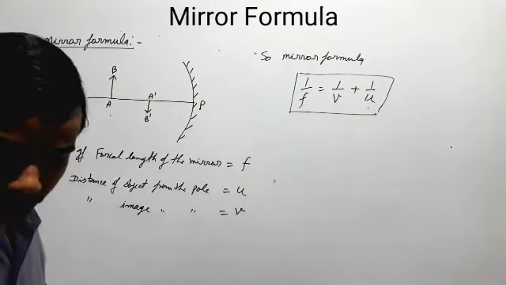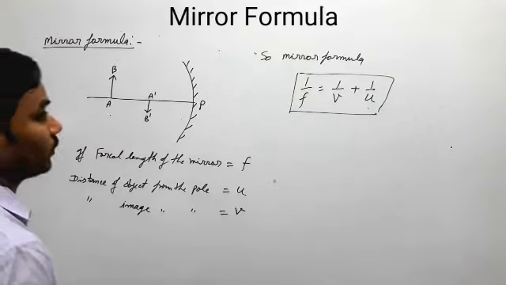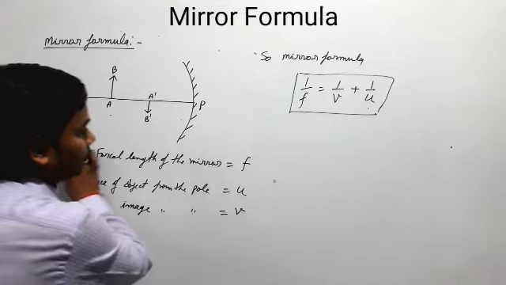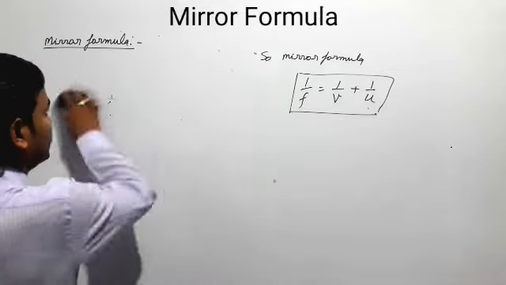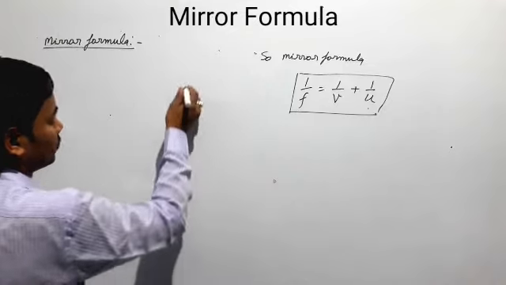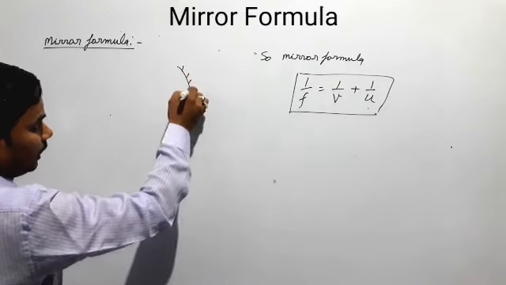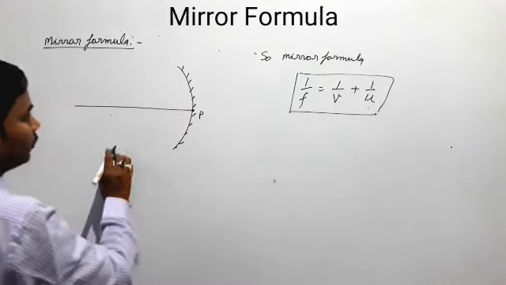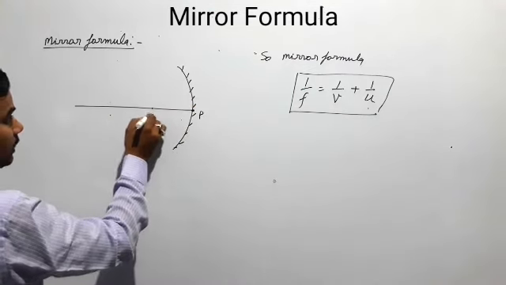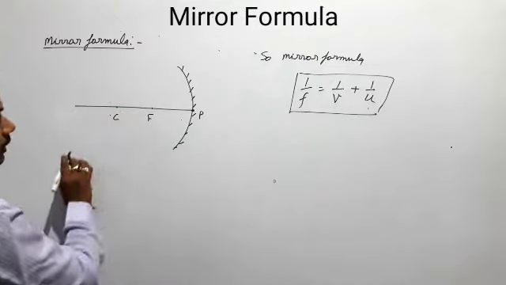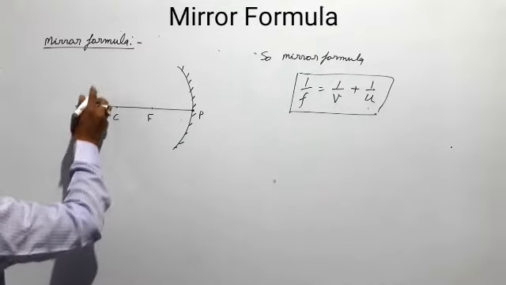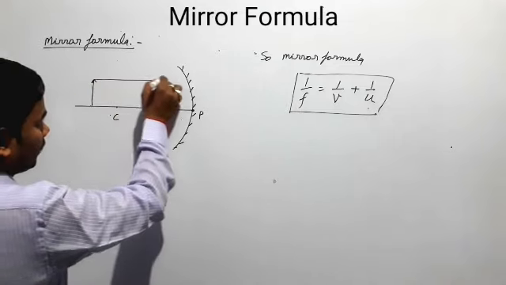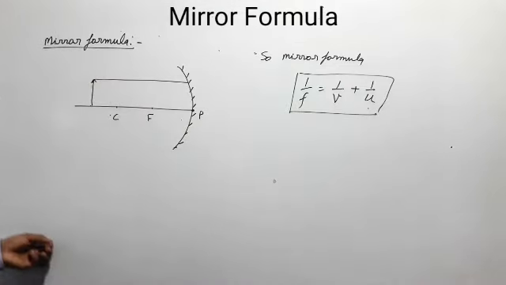Now if we consider a ray diagram, suppose this is a concave mirror, this is the pole, this is the focus, and this is the center of curvature. Now the object is placed beyond C, so we draw a ray diagram.